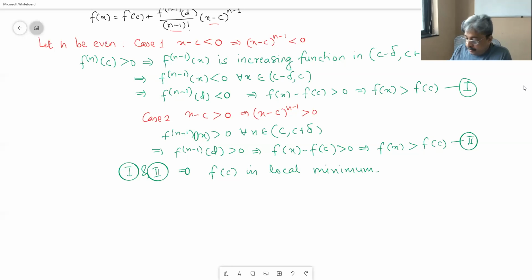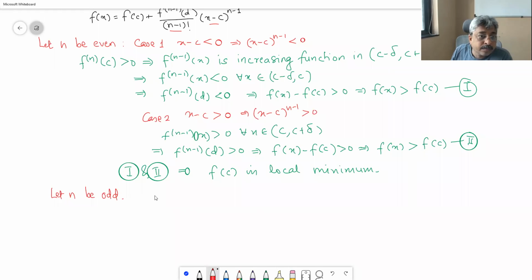Let n be odd. Case 1: x minus c is less than 0 implies x minus c raised to n minus 1 is greater than 0.